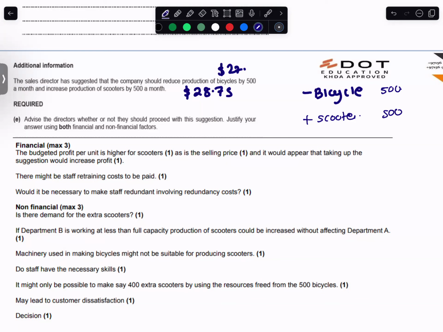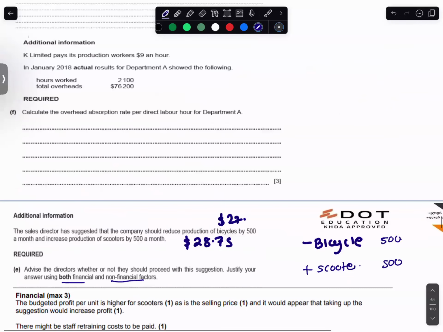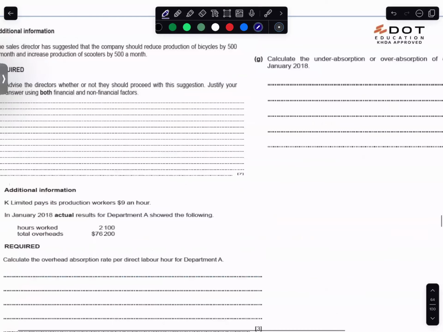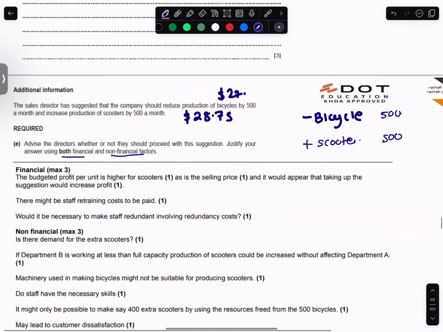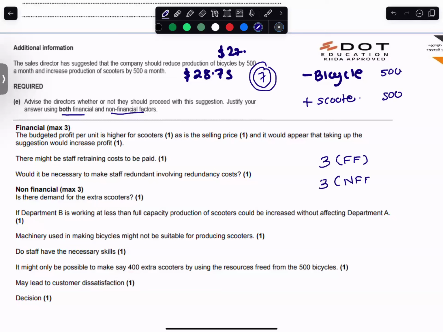They want you to give your advice using the financial factors and the non-financial factors. This is for 7 marks. So you have to give 3 points for financial factors, 3 points for non-financial factors, and 1 mark for the advice.